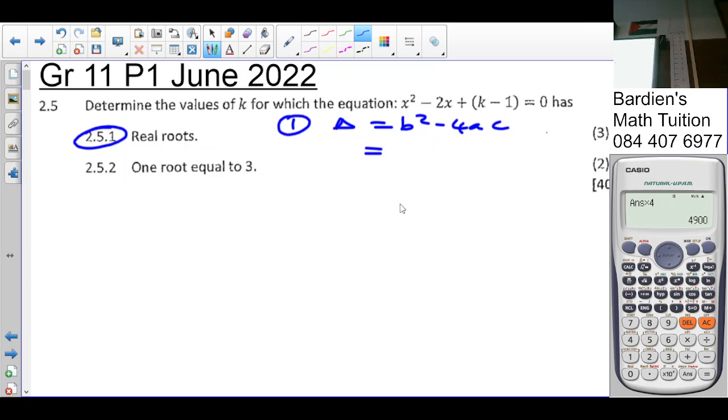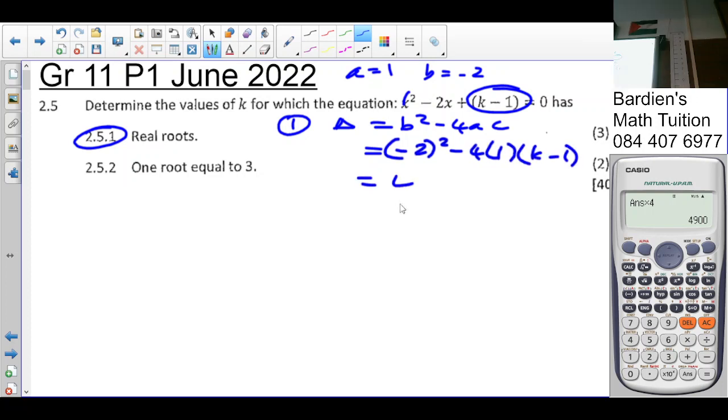The equation given to you is already in standard form, with the a value being 1, the b value being negative 2, and the c value being k minus 1. So it's negative 2 squared minus 4 times 1 times k minus 1, which is 4 minus 4k plus 4, which is negative 4k plus 8.